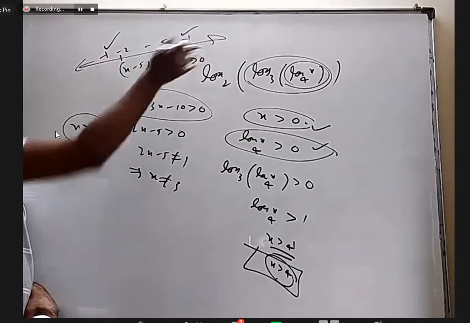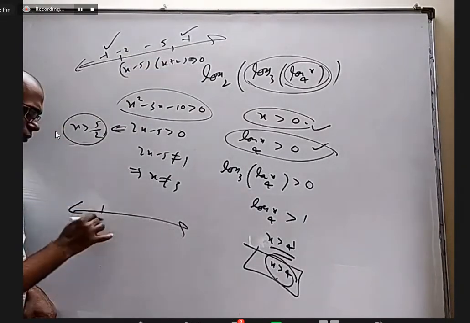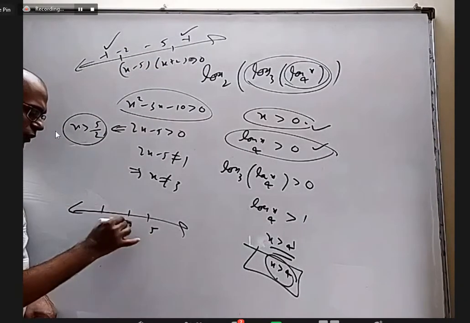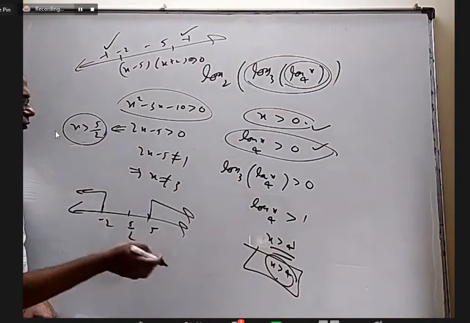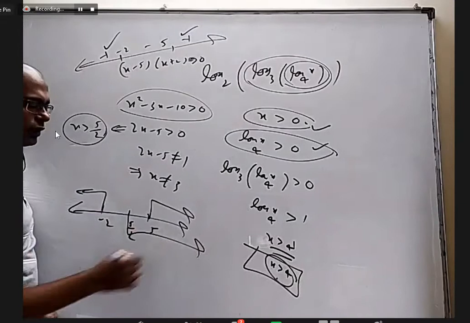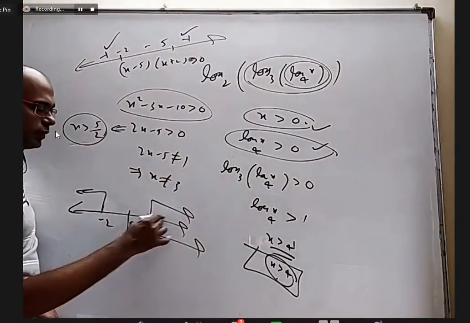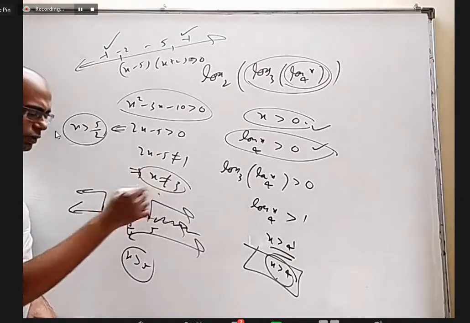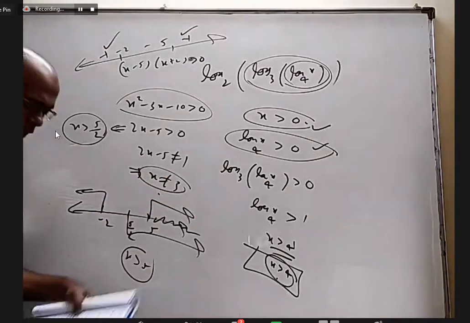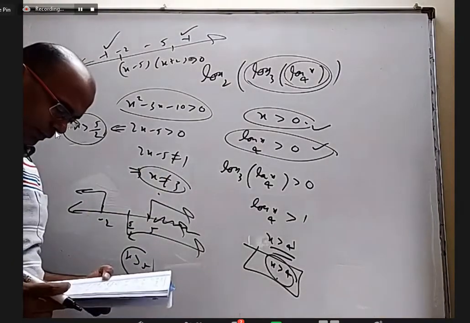So we have to take this only, because if you take the intersection, one says we want this before minus 2 and after 5, other one says we should be more than 5 by 2. So both included will be this: x should be greater than 5. In that anyway 3 is not there, so not an issue. So open interval 5 to infinity is the answer.